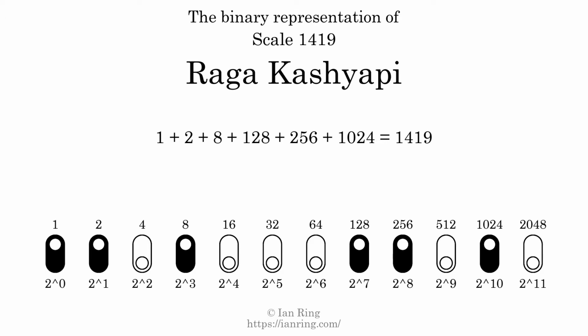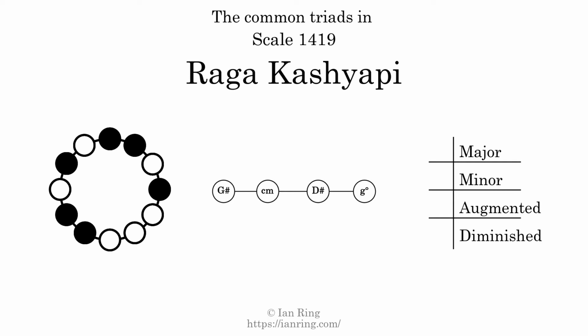That is why the scale number, in decimal, is 1419. The scale number not only enumerates the scale with a unique index, but it also literally describes the tonal content of the scale. Represented as a binary number in base 2, the scale number is 0101100001011.